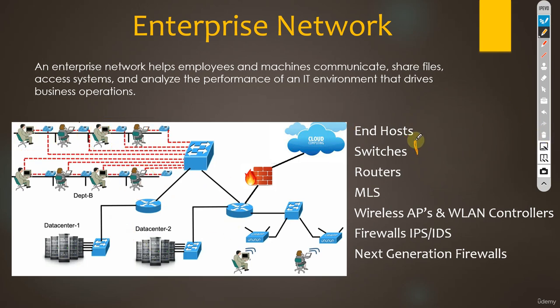Then we have switches, and we are familiar with the switches. This is how the switches are represented. The basic idea of the switch we have already discussed. What does switching mean? Switching means just forwarding the data. Whatever this user wants to communicate with this user, it will go via what? Switch.